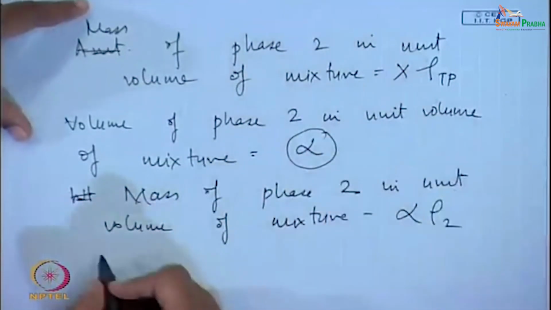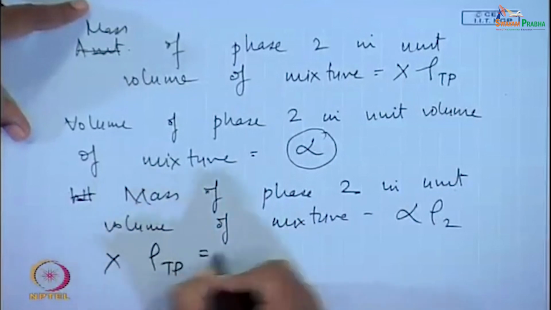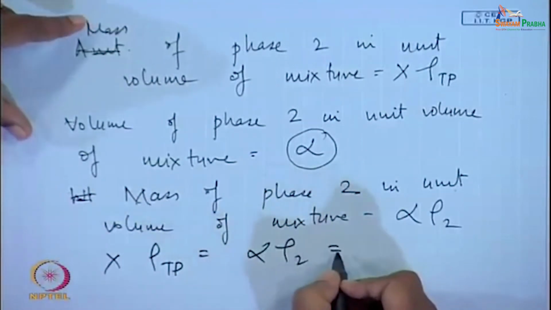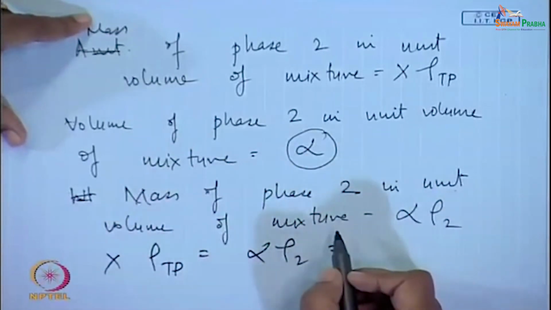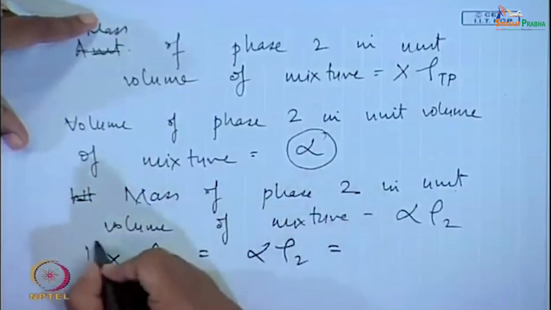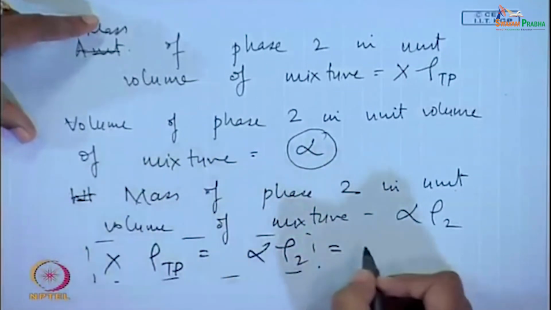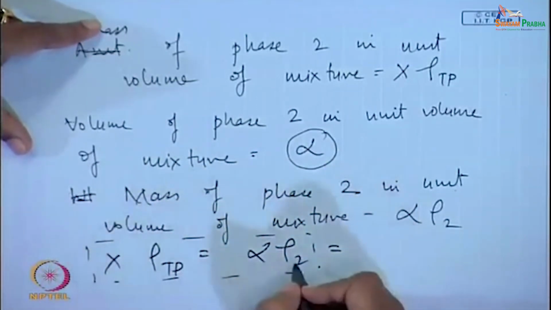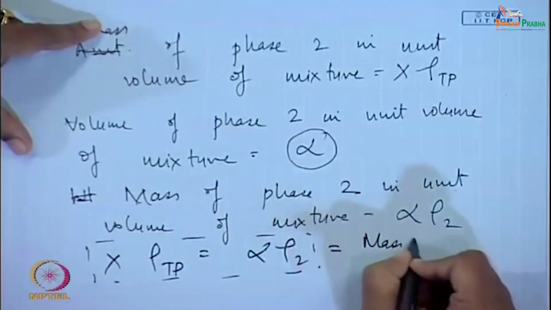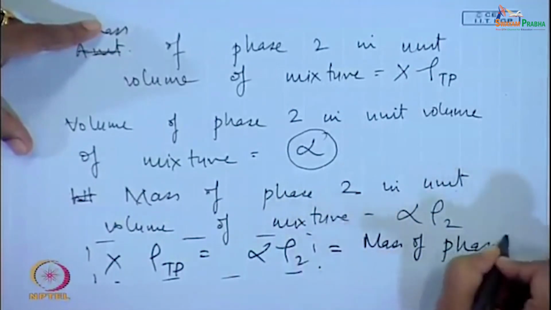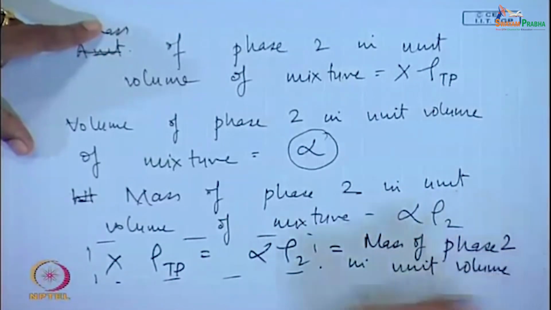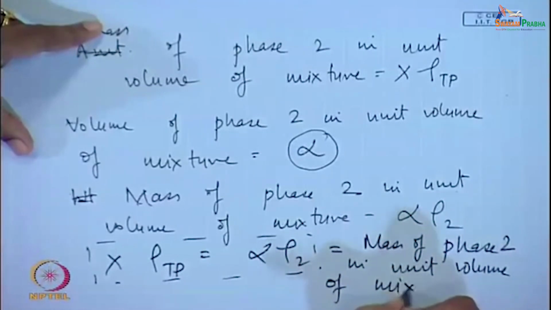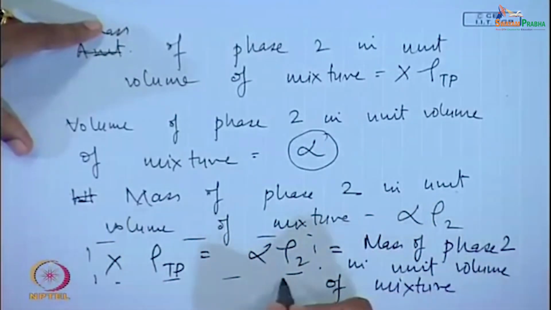Because both x rho Tp and alpha rho 2 signify the mass of phase 2 in unit volume of mixture. This particular relation is very, very important. It will help you to solve several problems. So, these are equal and they are equal to the mass of phase 2 in unit volume of mixture. So, I can deduce this particular relationship.